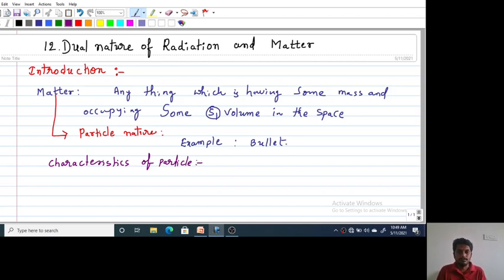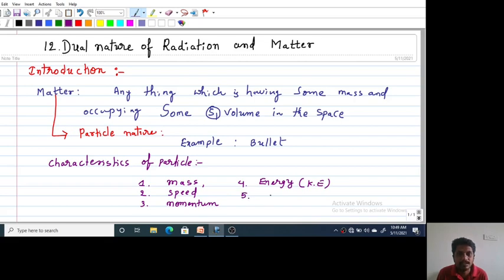So we are taking a bullet example. Bullet has a mass, so it moves with some speed or velocity, so it has some momentum, and it has a kinetic energy, nothing but energy associated with it when it is in motion.